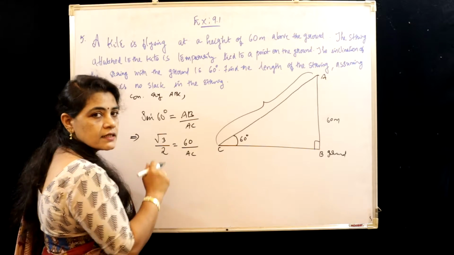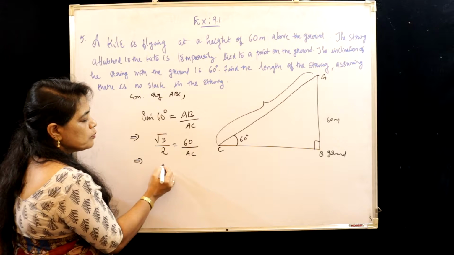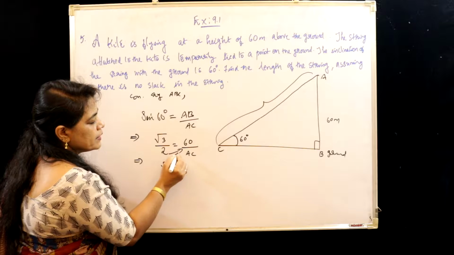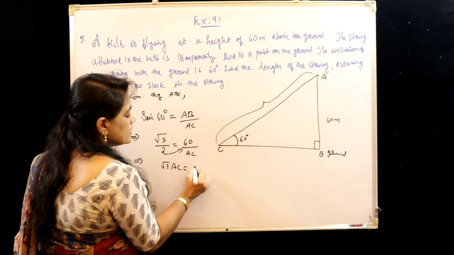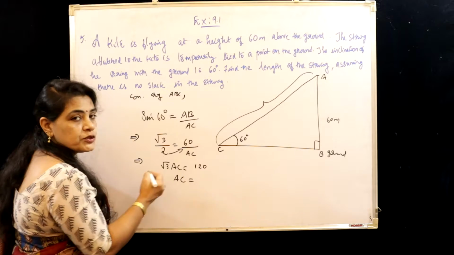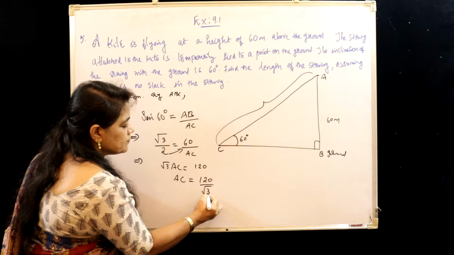The only unknown is AC. Then you can cross multiply. So root 3 AC equals 2 into 60, that is 120. Then AC equals 120 divided by root 3.